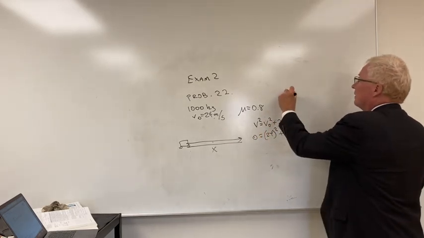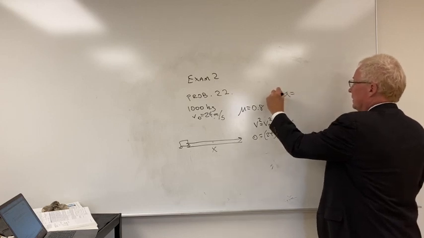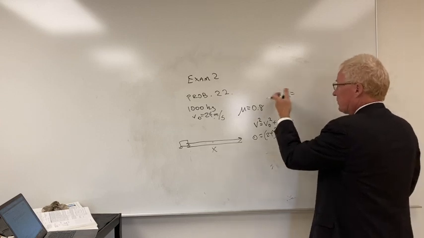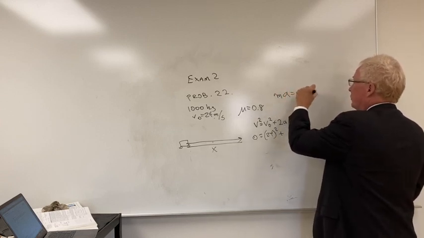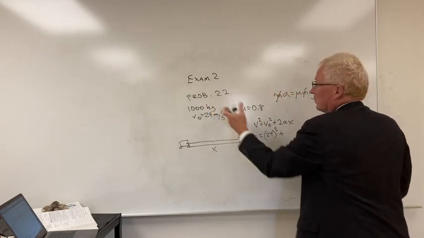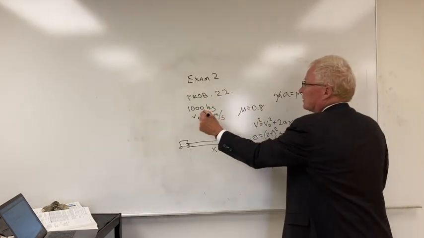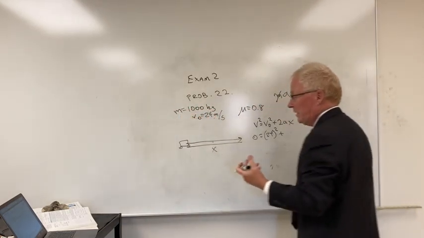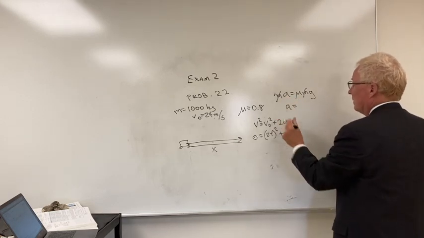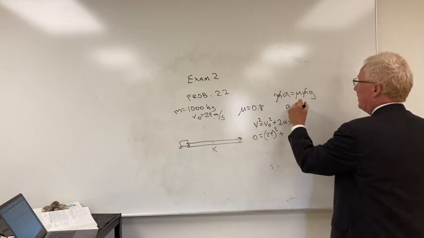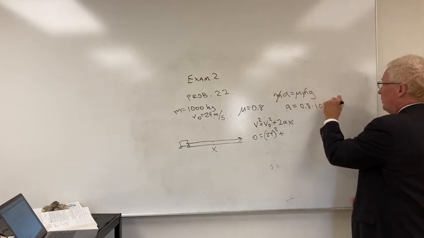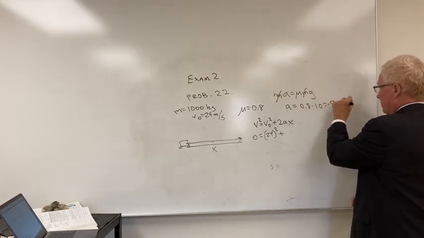And then A, mass times acceleration, what it actually will accelerate, will be mu mg. Mass cancels out, so that doesn't make any difference, because it makes no difference whether it weighs 1,000 kilograms or 100 kilograms. So you can eliminate that. So the acceleration is going to be 0.8 times 10, I'm going to use that, which would be minus 8 meters per second squared because it's slowing down.